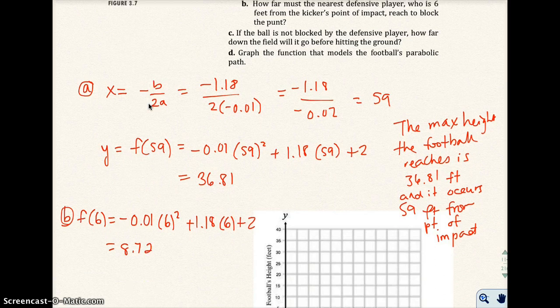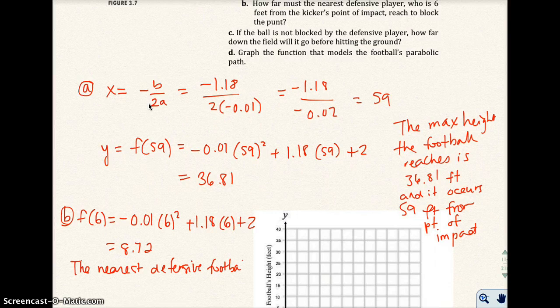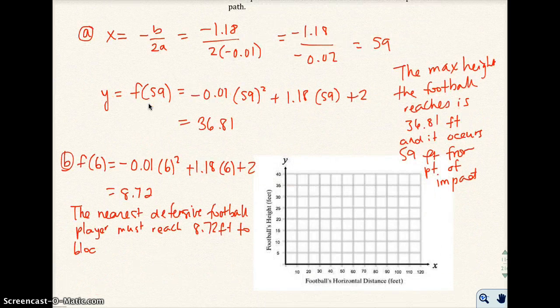Okay, so the nearest defensive football player must reach 8.72 feet to block the punt, or football.